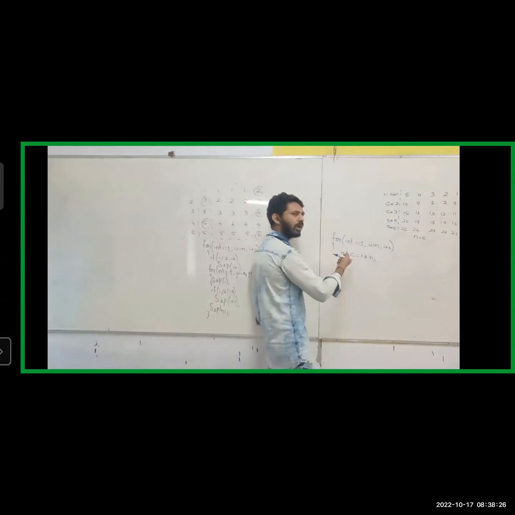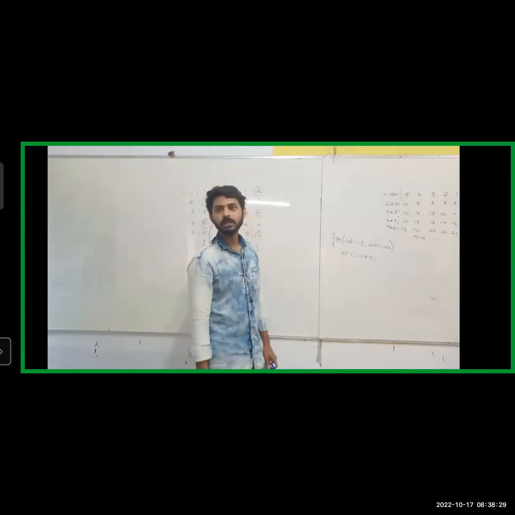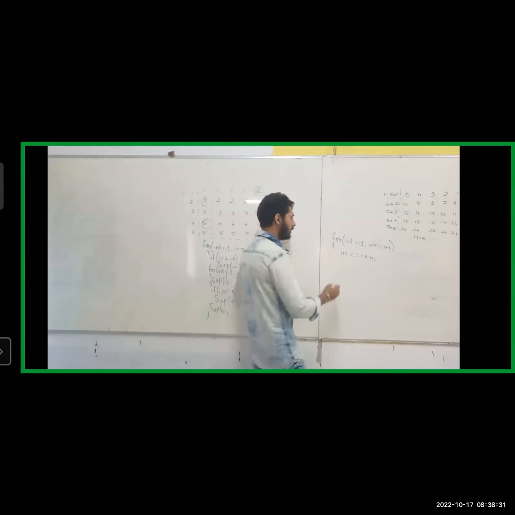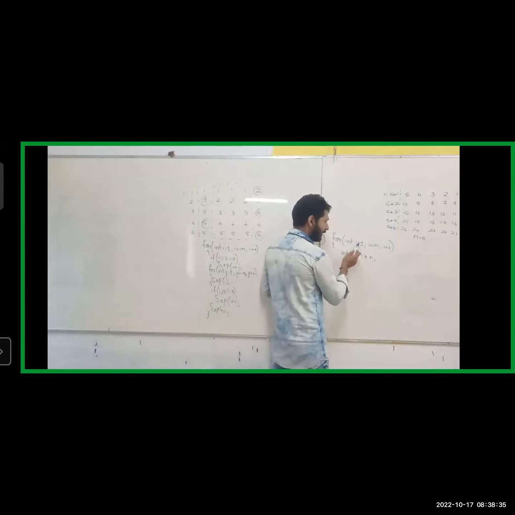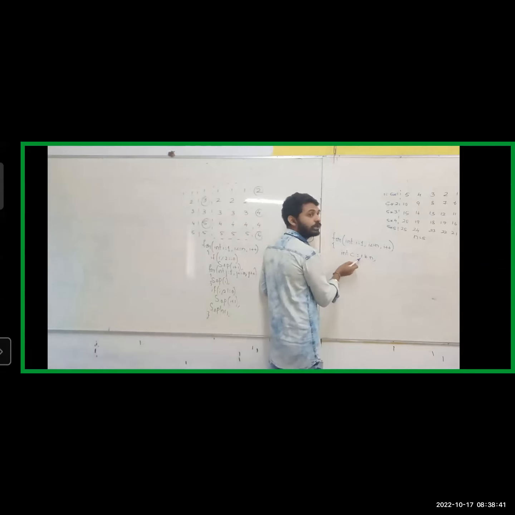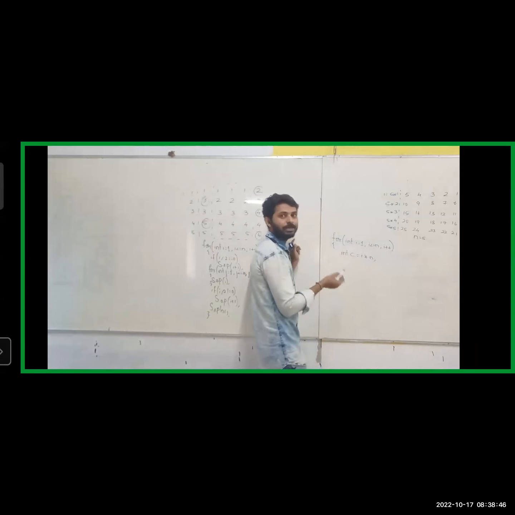If you want, you can do it here, or otherwise you can make it outside. Getting my point? Now what will happen? First time when i value is 1, 1 into 5, 5 will be stored. Second time, 5 into 2, 10 will be stored. Third time 15, 4 times 20, then 25.